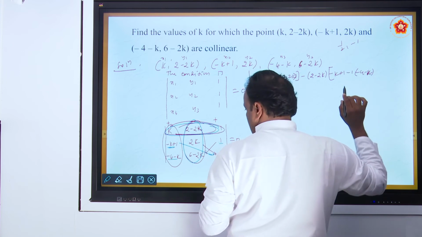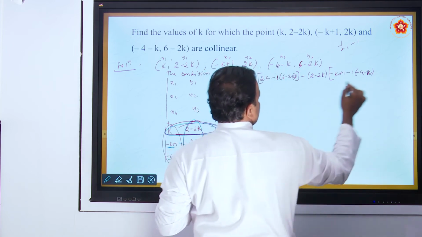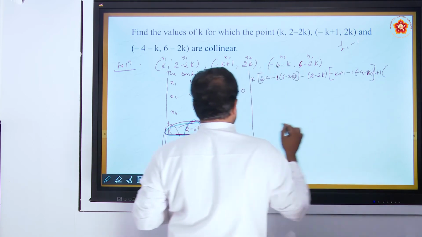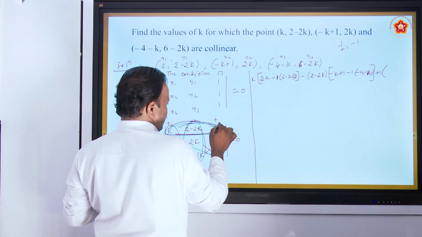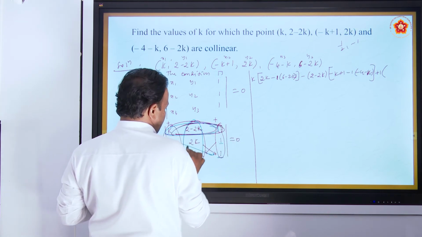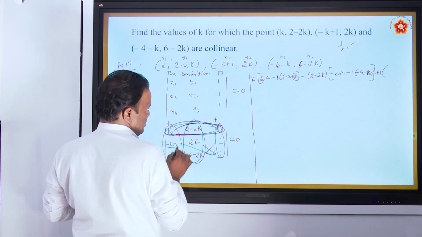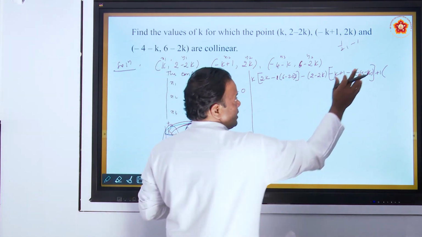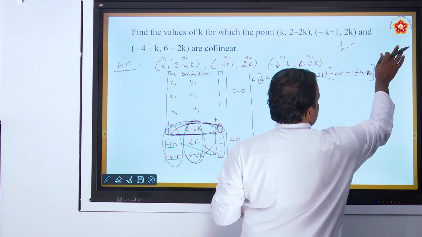Then this is over; now close the last bracket. Plus 1: the last is 1 here. The column and row containing this 1 you have to eliminate. Multiply this to this and this to this. I write below that one because I need a lot of space for this.